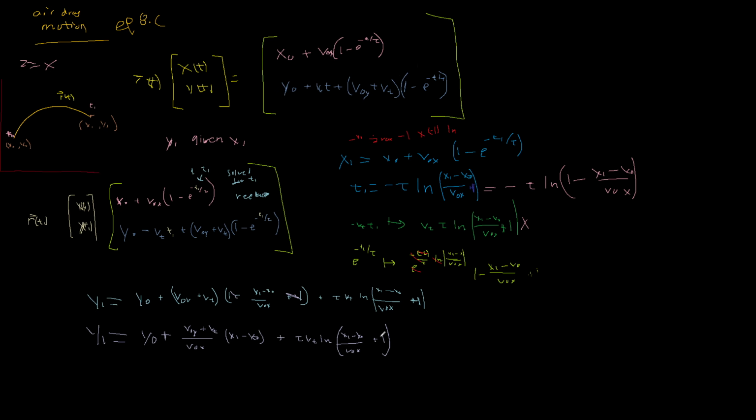This becomes a plus, and this becomes basically the same. So it is now 1 minus x1 minus x0 over v0x. And yes, now that should be correct. I got the order wrong, trying to skip steps.